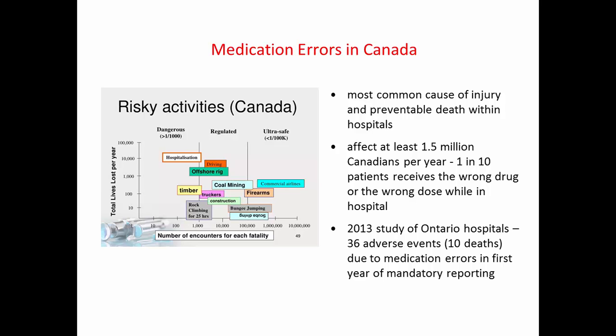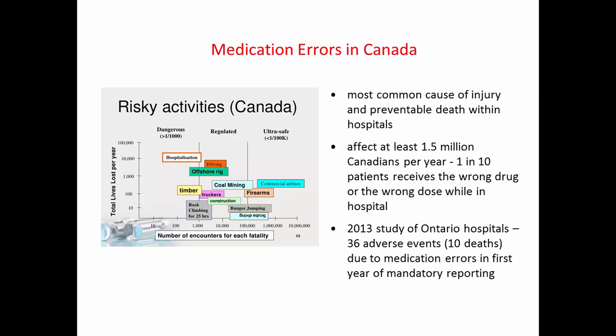A 2013 study of Ontario hospitals, so this was the first year where there was mandatory reporting of medication errors, found 36 adverse events, where there was an injury that occurred, and that included 10 deaths due to medication errors. As I said, 2013 was the very first year where there was mandatory reporting of medication errors.